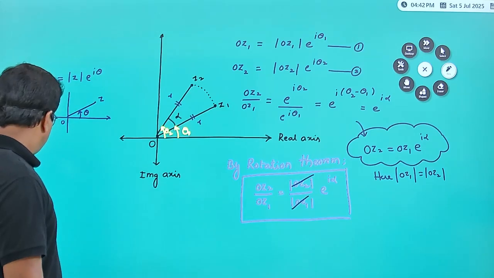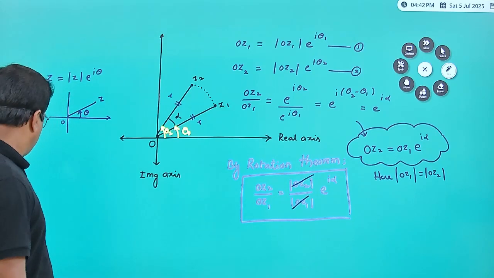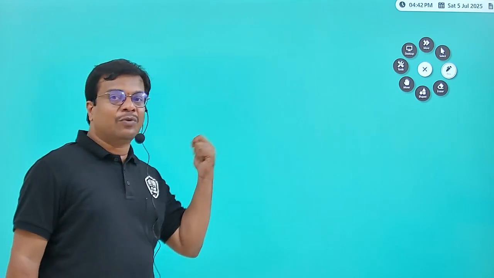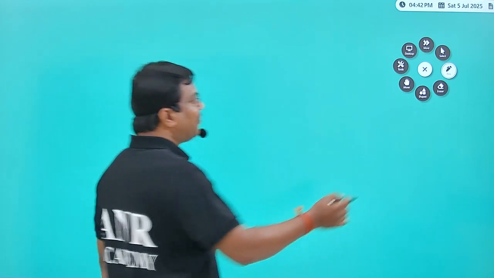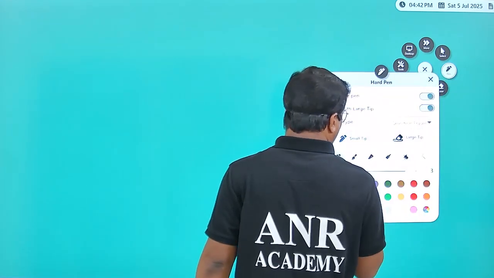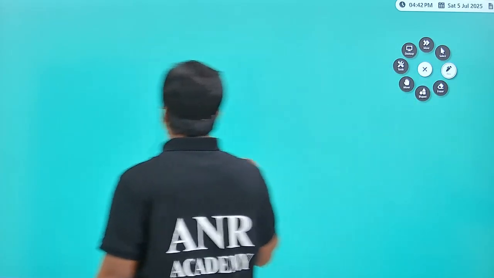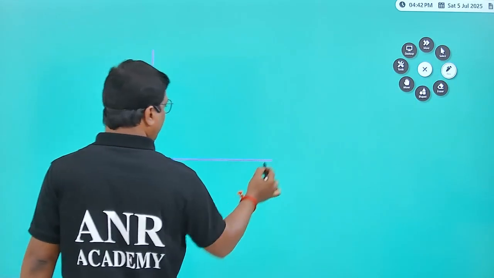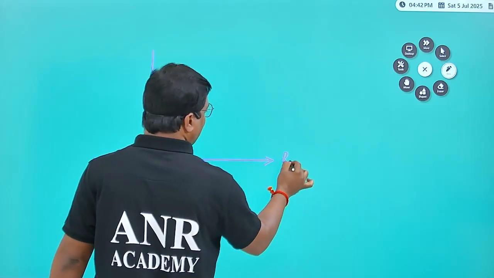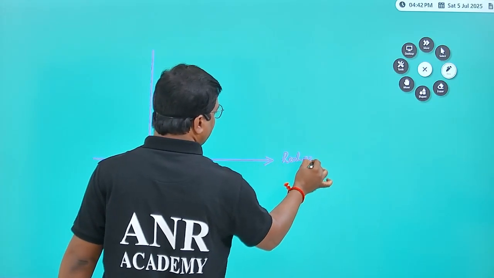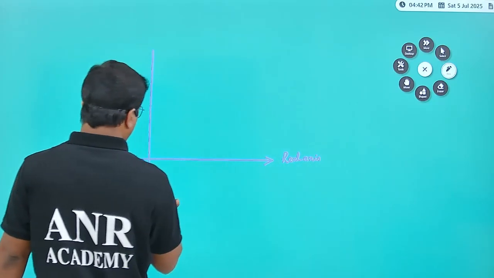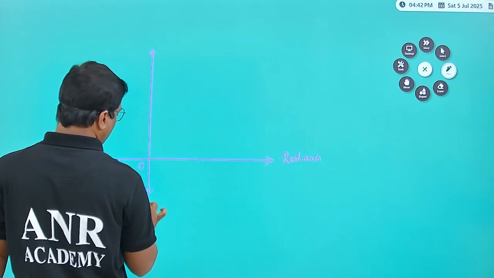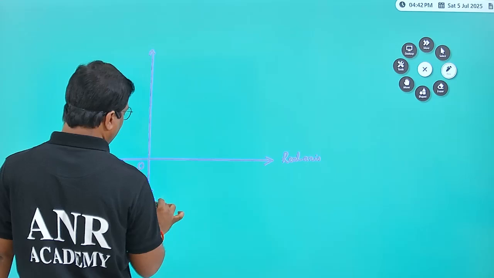Next, suppose that OZ1 and OZ2 are of different lengths, then what happens? Observe. Again, it is the real axis, the origin, and this one the imaginary axis.